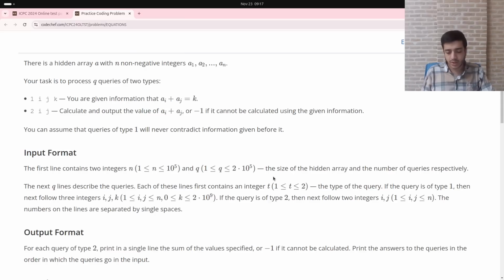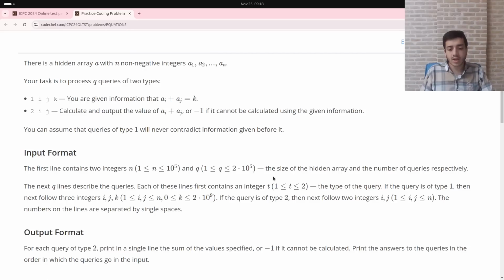When we receive a new query of type 1, we first add it to the DSU to check whether it's making a cycle or not. If it doesn't make a cycle, no worries, we can just add it. That's very easy.